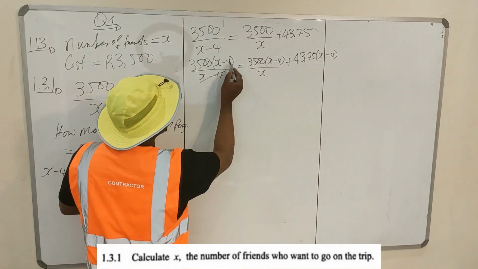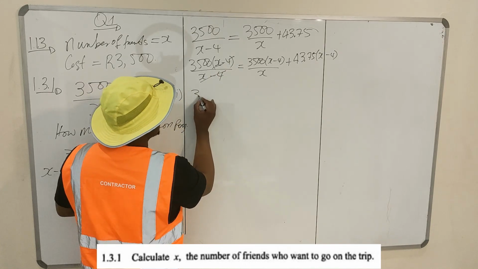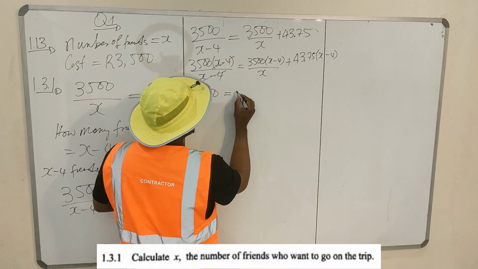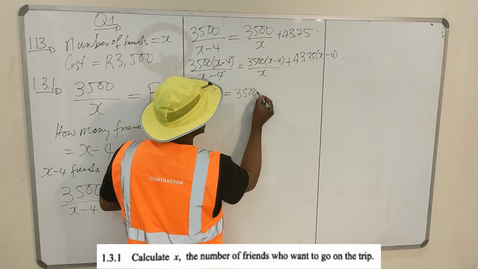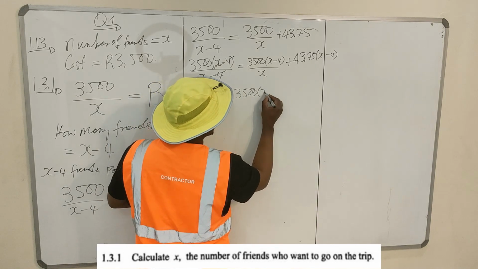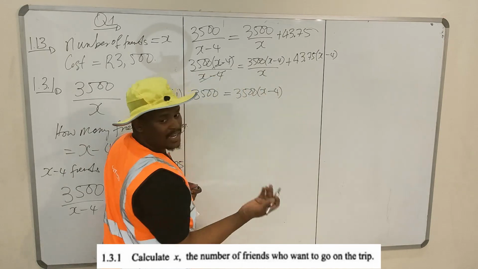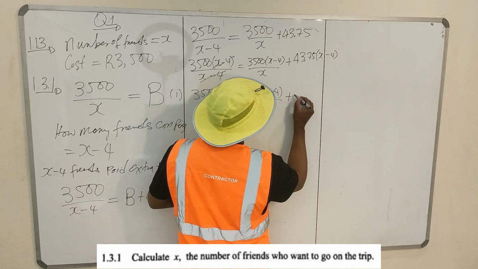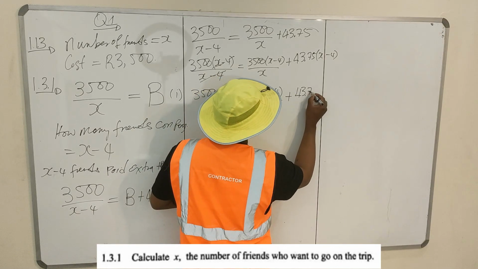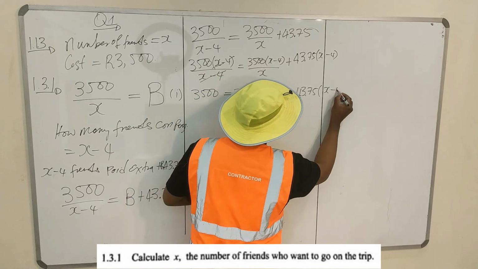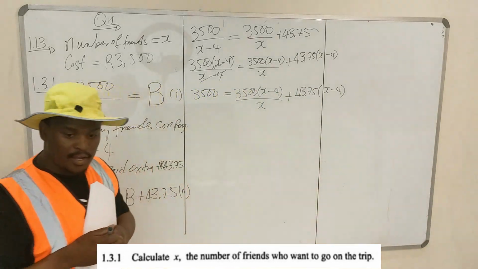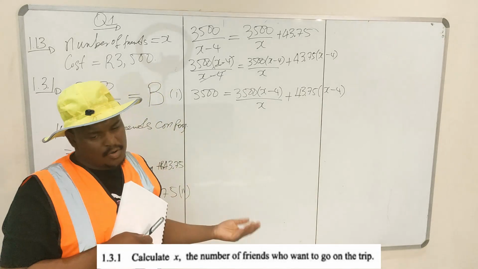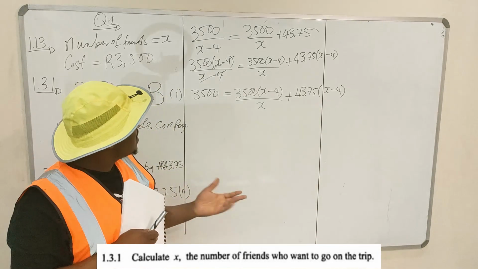So this and that cancel. We're left with 3,500 is equal to 3,500 times x minus 4, over x, plus 43 rand 75 cents times x minus 4. I'm not multiplying this bracket out for now. Then what do we do next?